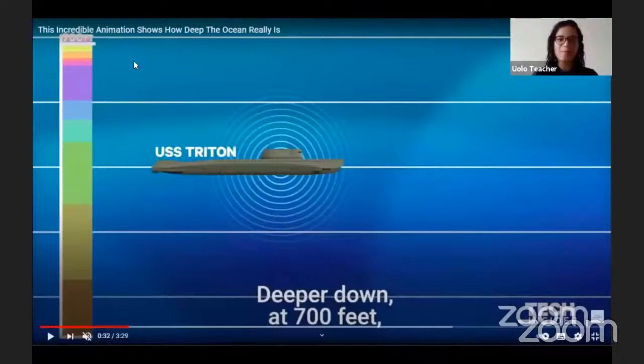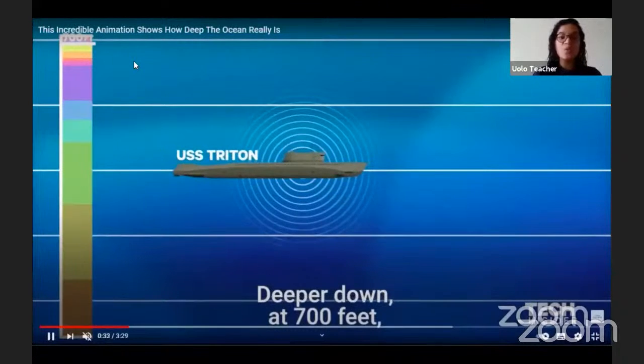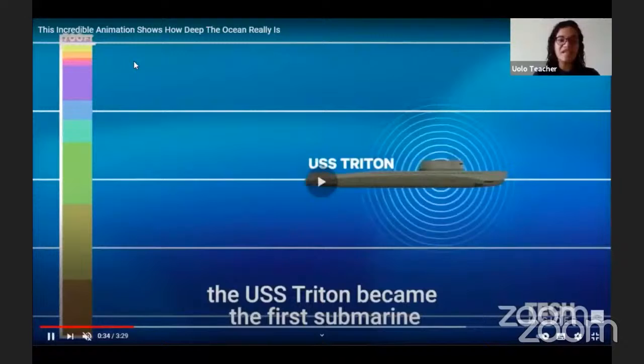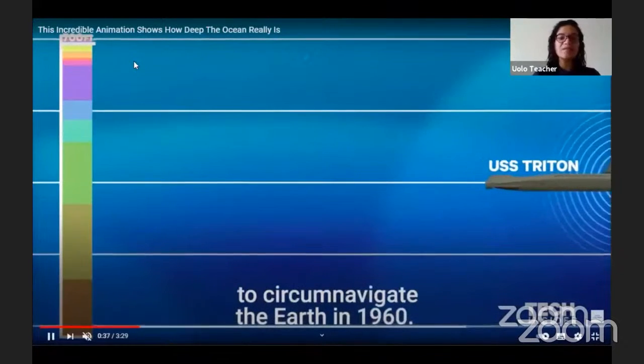So if we go 700 feet down, what can we see? The USS Triton, which was the first submarine. The USS Triton is actually a US Navy ship, and it was the first submarine to circumnavigate Earth in 1960.